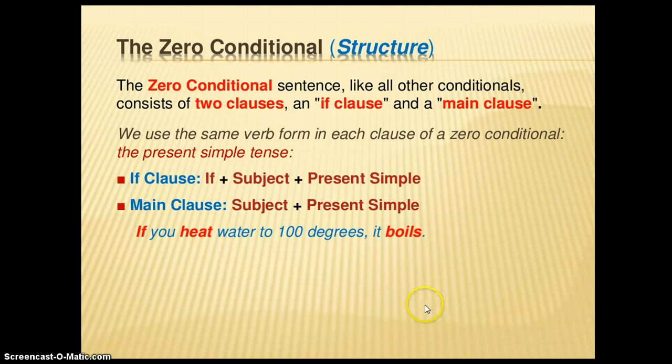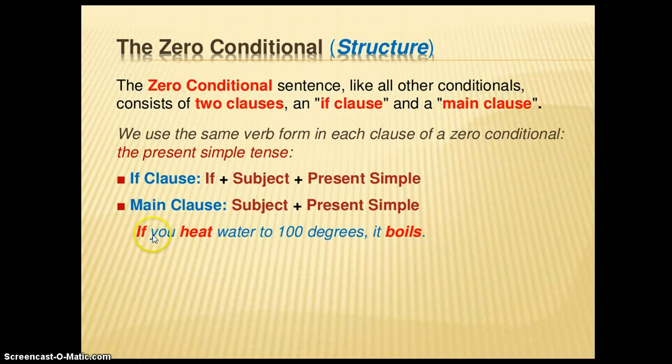Okay. The zero conditional is mainly composed of the if clause and a simple present plus the rest of the main clause that also contains a simple present. The typical example is, if you heat water to 100 degrees, it boils.